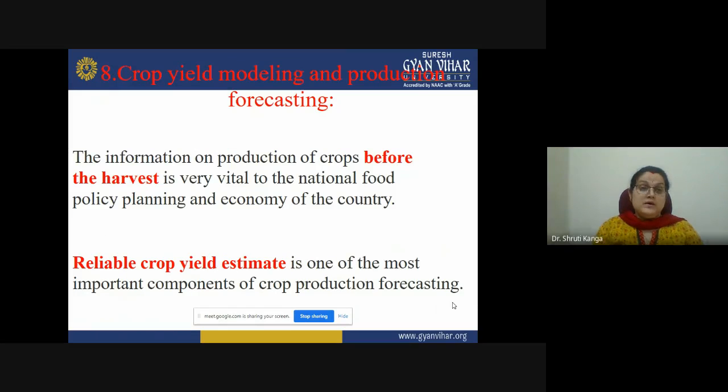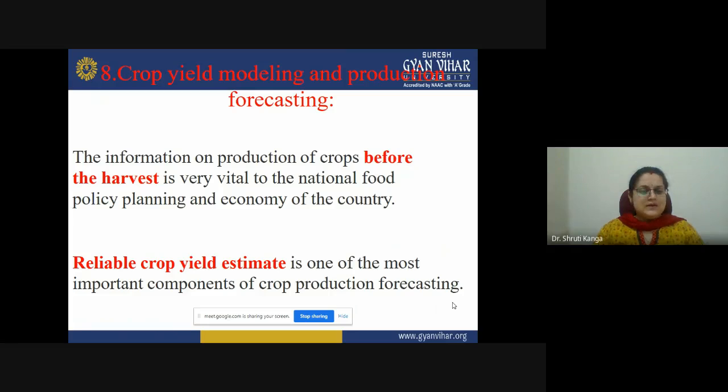Then we can also go for crop yield modeling, where on the one hand we can assess what yield we are about to get from a particular crop type, and we can also forecast how production may behave in the future, so that if there is any shortfall in production, we can go for strategic management, so that there is no food insecurity due to a lack of production of a particular crop type.